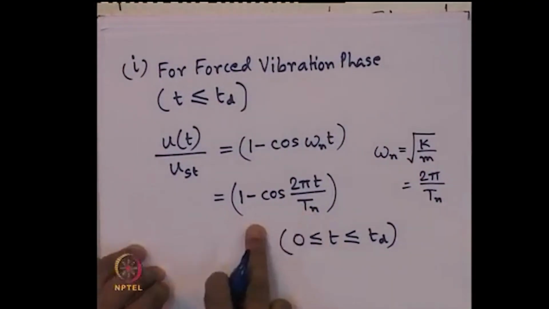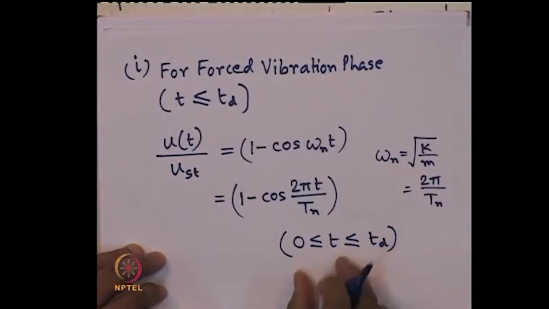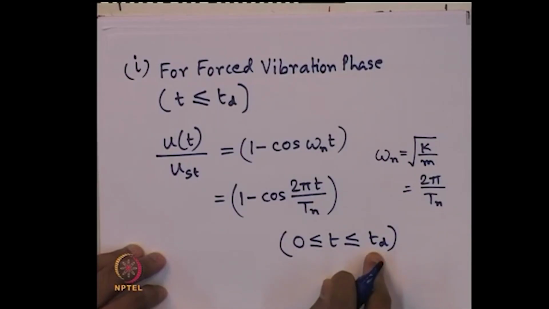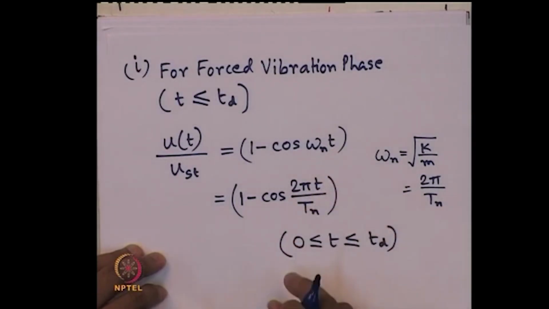If you look here, I am talking about within the forced vibration phase. So, the obvious reason is that my T has to be within Td. Now, this t value I have chosen as Tn by 2, that is, the T by Tn ratio I have taken as half, 0.5.